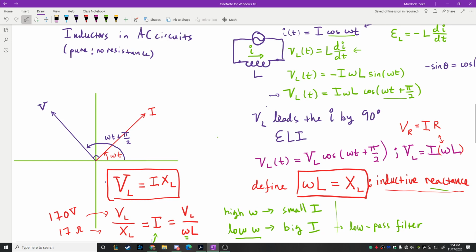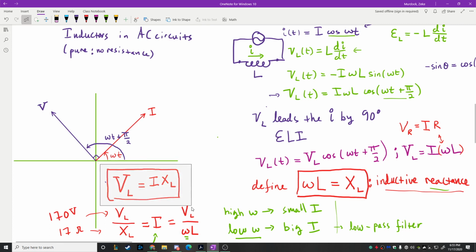But when you put them in an AC circuit, they're actually pretty simple, because depending on what the frequency of the circuit is, once you know what the inductance is, you just multiply them together, and you get this really simple equation that looks just like Ohm's law, right? That shows you that the way an inductor behaves in an AC circuit is actually simpler than what it does in a DC circuit.